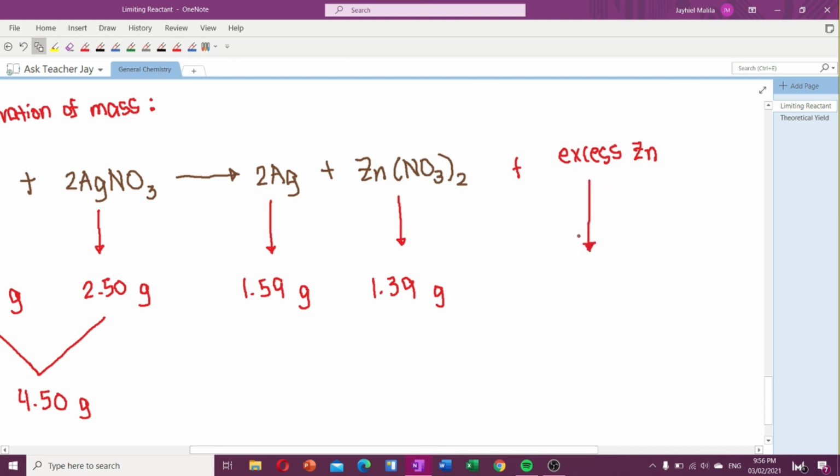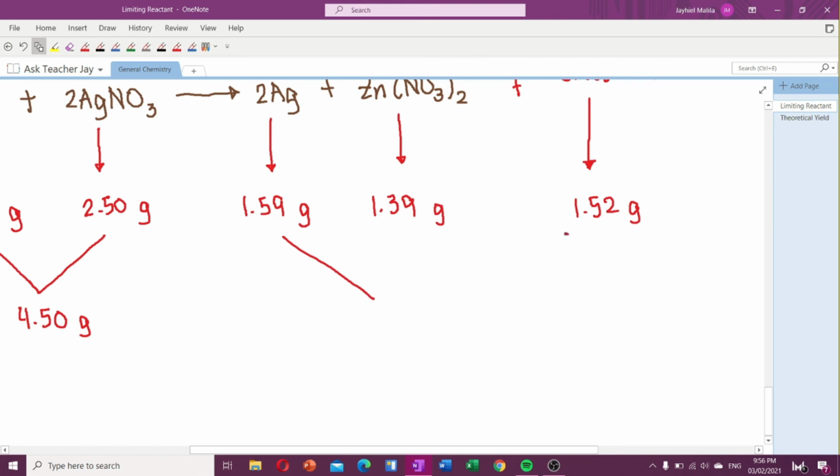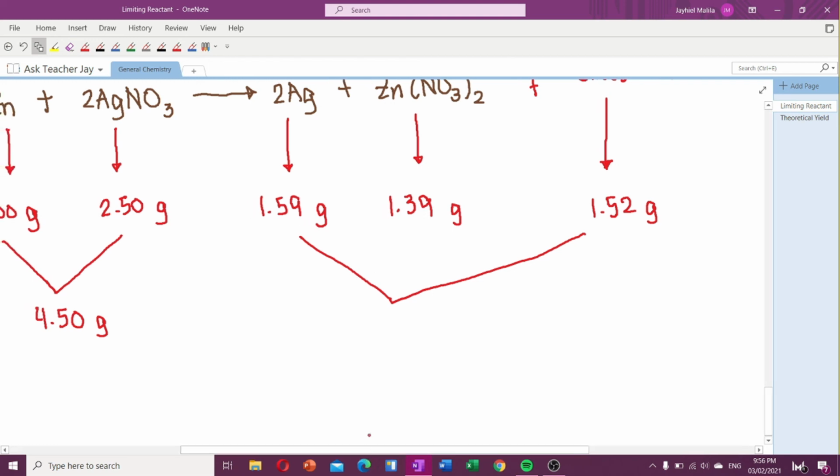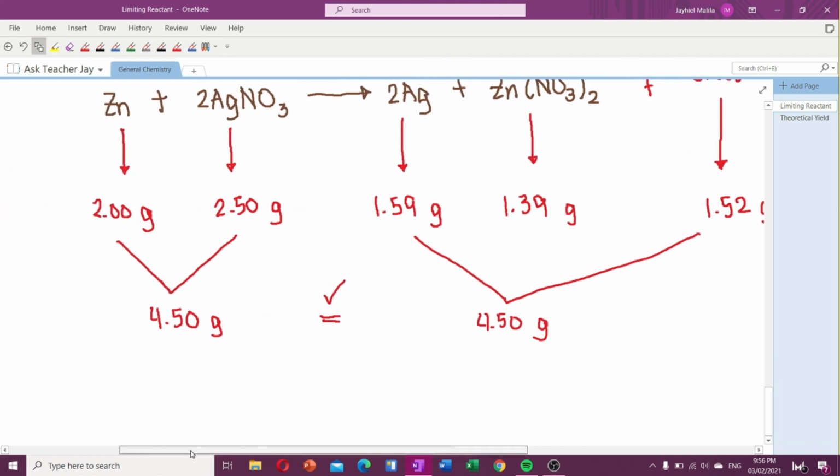The amount of the excess zinc is 1.52. By virtue of the conservation of mass, add all three values and you will get 4.50 grams, indicating that the mass of the reactants should equal the overall mass of the products plus the excess reactant found at the end of the reaction.